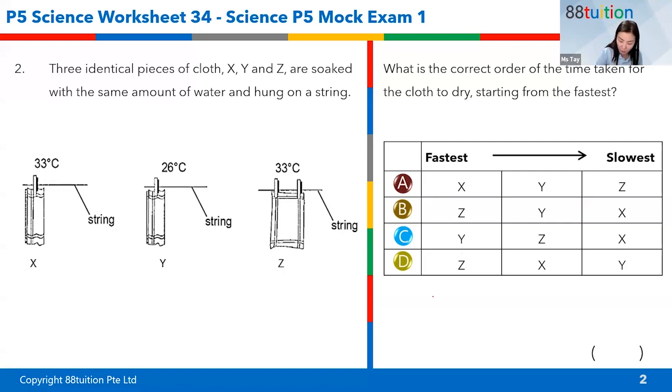Okay, so we check for the fastest because this is at 33 degrees, right? But then there is also greater surface area for water to evaporate. Correct or not?